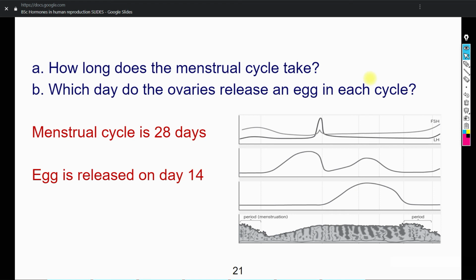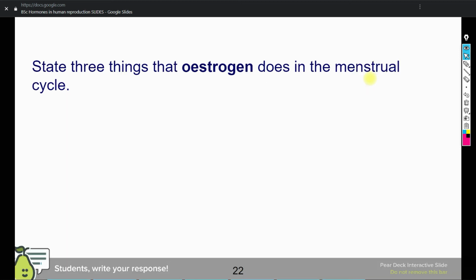So the whole menstrual cycle takes 28 days. The egg is released on day 14. So state 3 things that the estrogen does during the menstrual cycle.